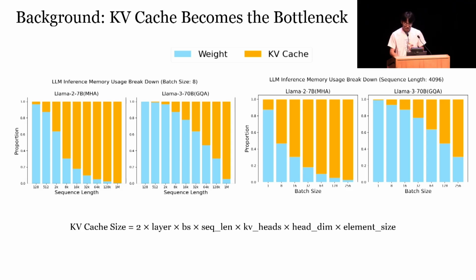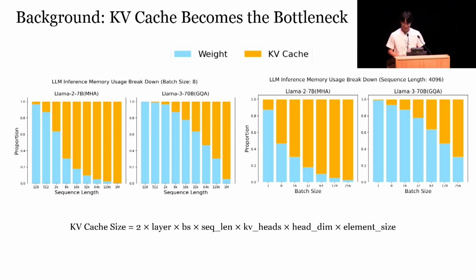On the one hand, nowadays, the model context is getting longer and longer. As can be seen from the first figure, when the sequence length is beyond 8,000, the KV cache generated by Llama 2 7 billion takes more memory than the model weight. On the other hand, in real-world deployment of large language models in data centers, the batch size is usually large.